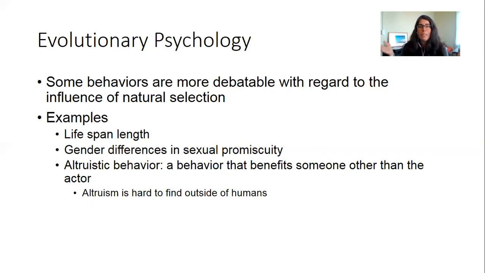There are theories about how a longer lifespan could be advantageous, again, at the genetic level. Read Richard Dawkins. The Selfish Gene is an incredible, well-written book that explains this at length if you're interested. Gender differences in sexual promiscuity.